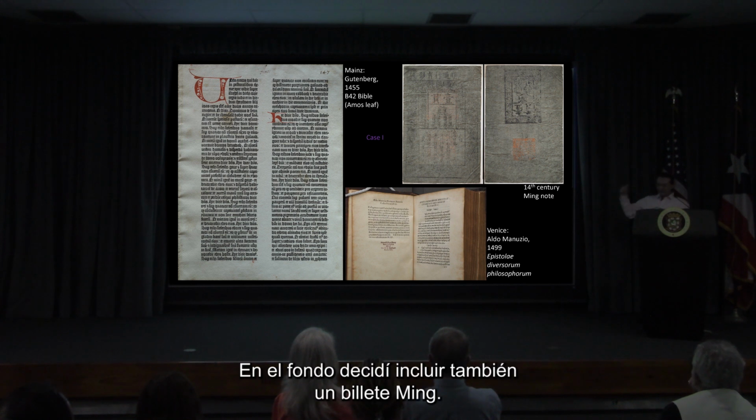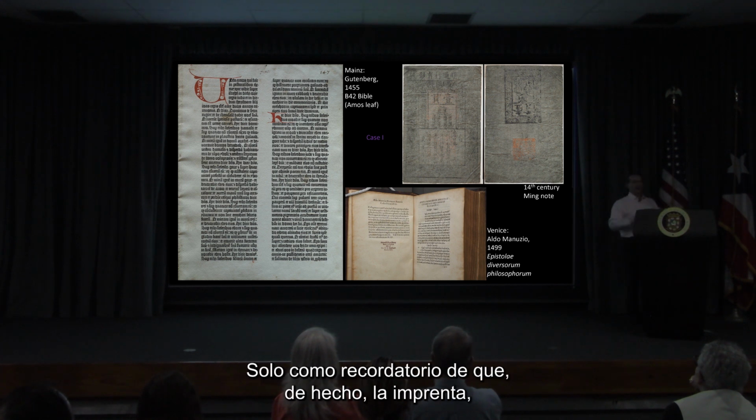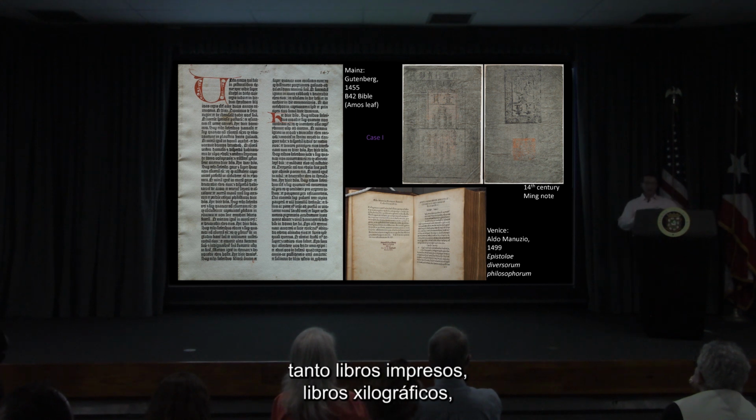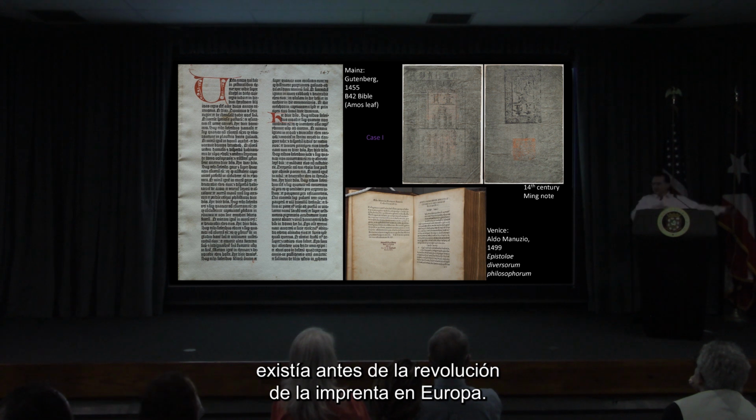And in the background, I decided to include also a Ming note, just as a reminder that printing, as well as printed books, xylographic books, existed before the printing revolution in Europe.